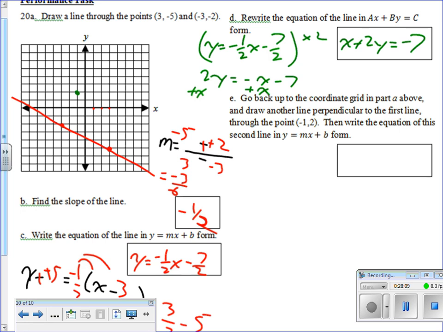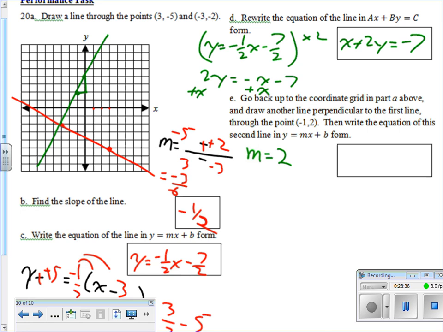What I would do is, if the slope of this line is -1/2, the slope of this one is 2. Perpendicular lines, opposite inverses. Over 1, up 2. Found my slope. There's my line.